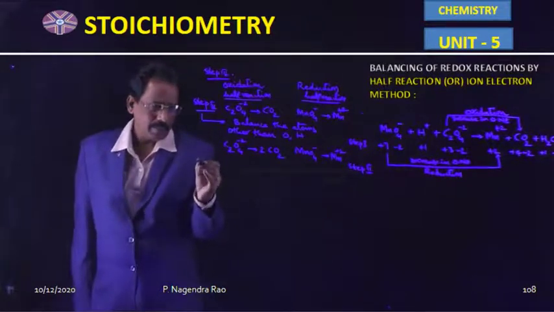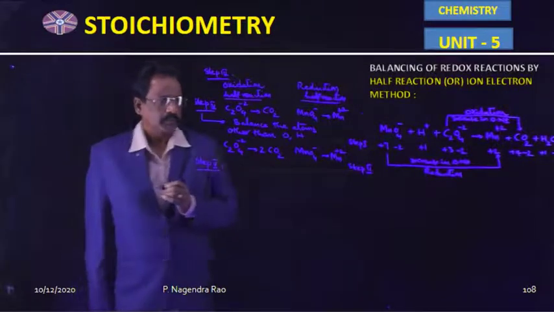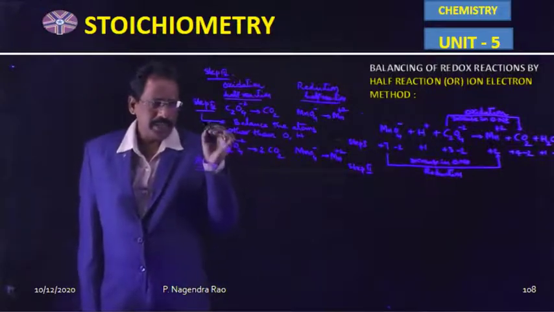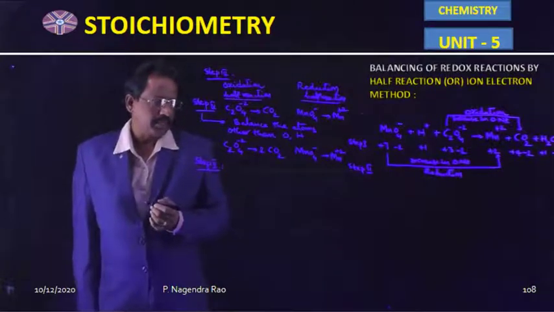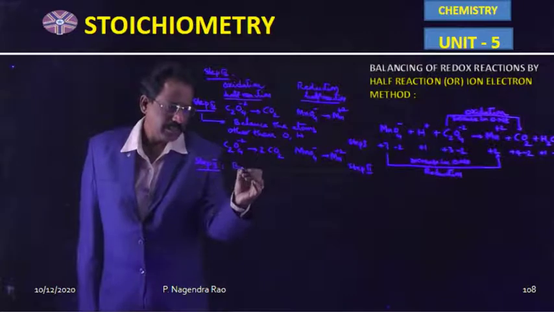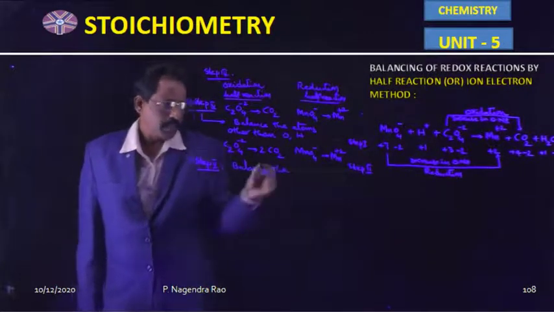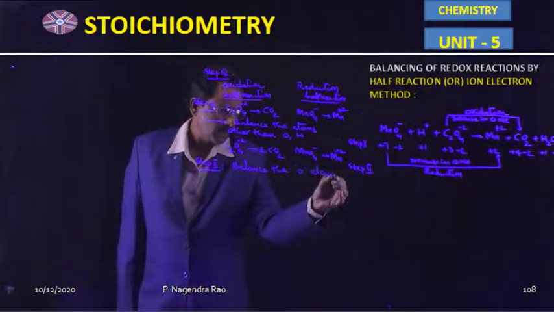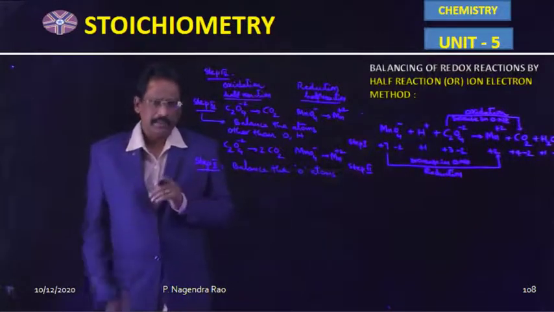And then the next step is, among these two, O and H, first balance the oxygen atoms according to the rules in the half reaction method. To balance the oxygen atoms or hydrogen atoms, the medium is very important.